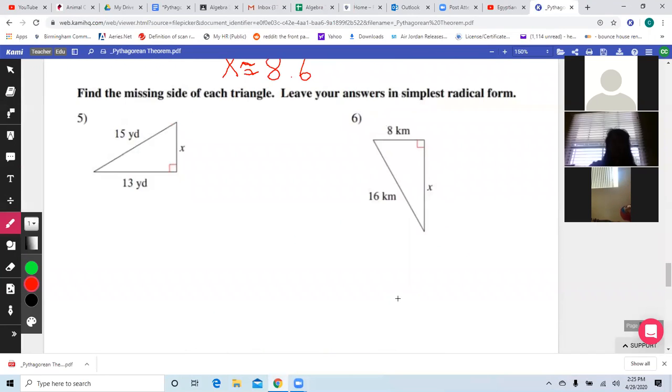So number 5, once again, I'm doing a squared plus b squared equals c squared. Once again, how do I figure out which one's a, which one's b, which one's c? As long as the one that's across the 90 degrees is your hypotenuse, so this is c.